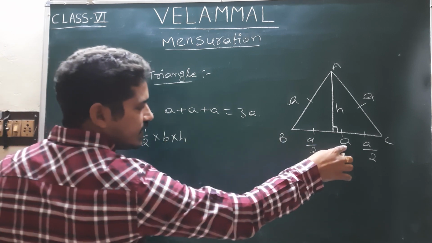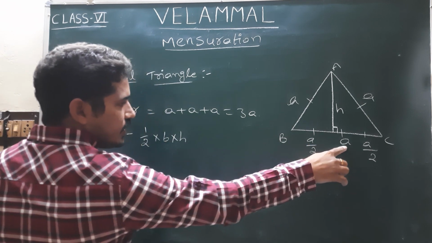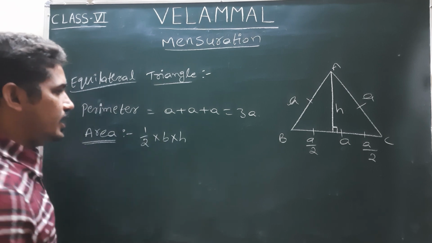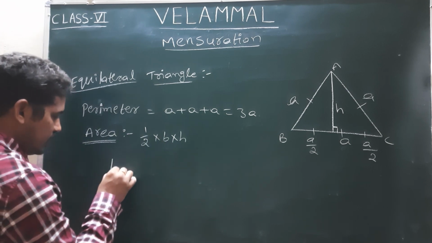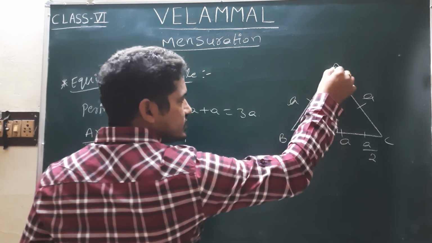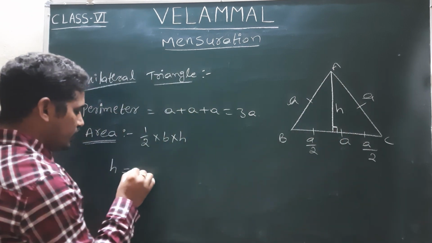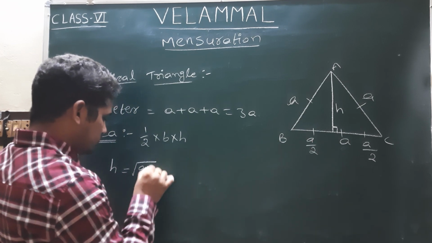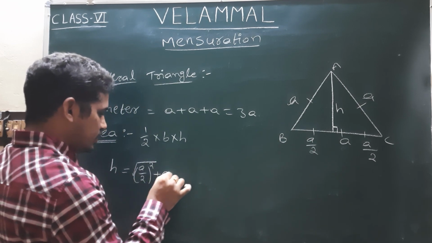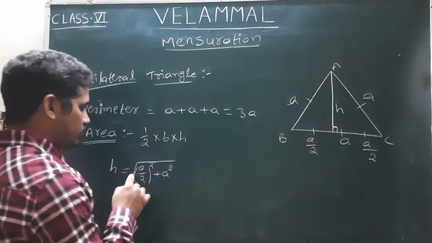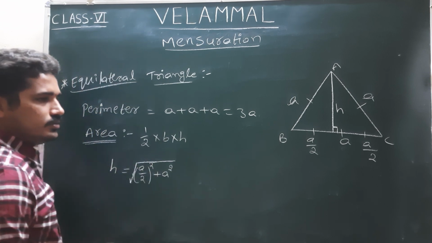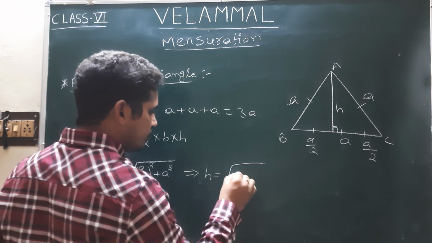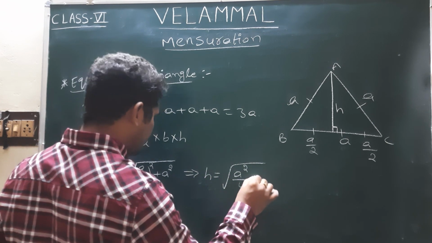Base value we know is A. But we need to know the height value. What is the height? The height we need to find out. Now the height is equal to, it is the hypotenuse, the square root of (A by 2) square plus A square, by using the Pythagoras theorem. So height is equal to the square root of A square by 4 plus A square.